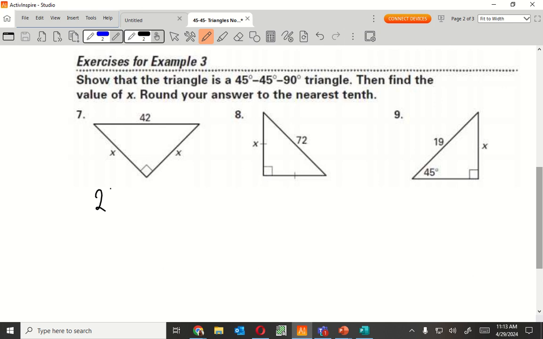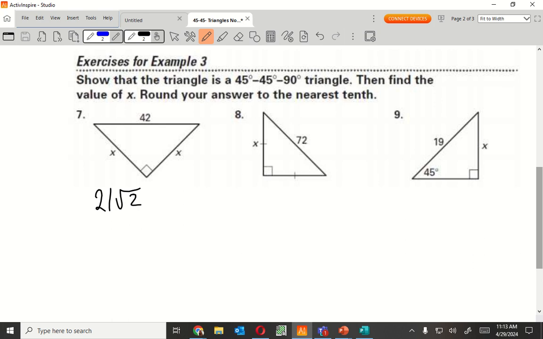X is equal to 42 over square root of 2. 21 radical 2, because that 42 over 2 will divide. That's the only reason. So, did you put it in your calculator, Archer? No? Okay. All right, next one.